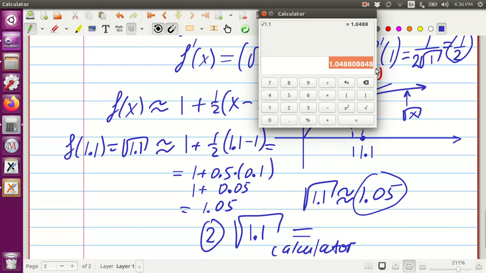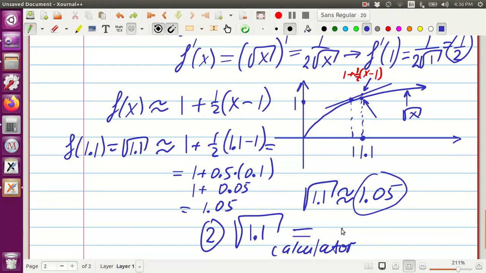That's our answer, and we can see it's really close. All right, so that was a good approximation.